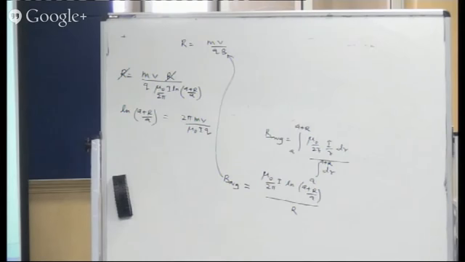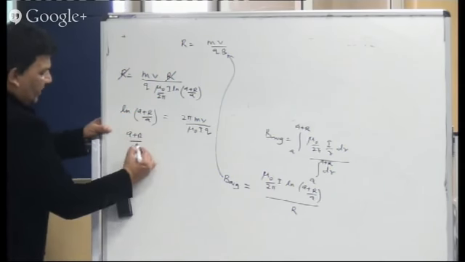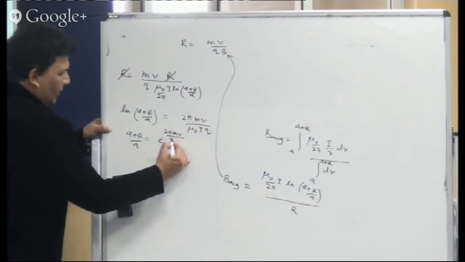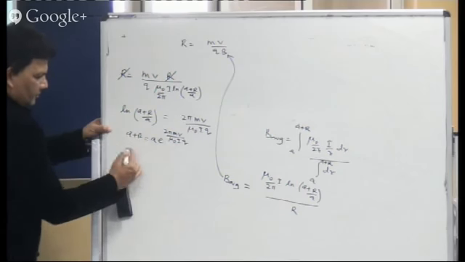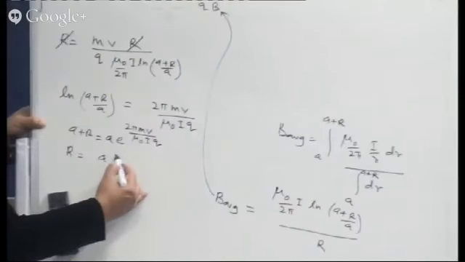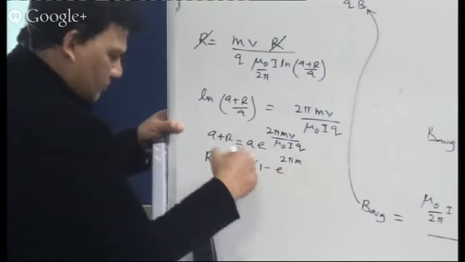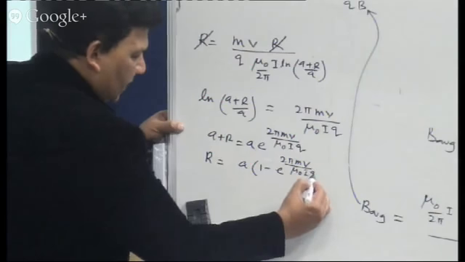I'm sorry, because time is short, so you have to really push it harder. No issues. अब क्या करो? Exponential. So (A plus R) by A will be... Are you enjoying it? It's a beautiful question. इधर ले जाऊं, R कितना आ गया? बाद में लिखेंगे ना? हाँ या ना?